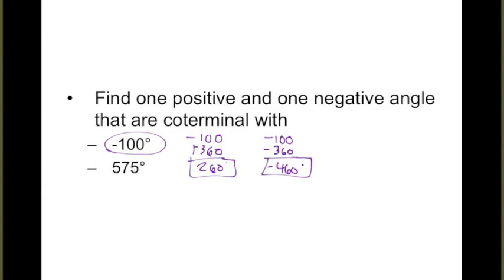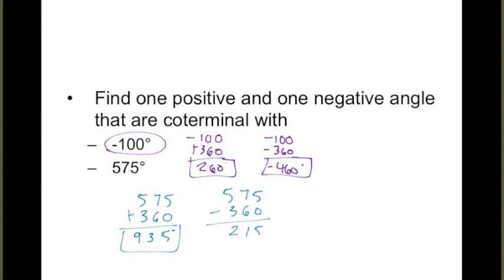For the second one, if I take 575, I could add 360 to it, get 935. That's a fine positive answer. But if I subtract 360, I get 215, which is still a positive answer. So I'm not done.